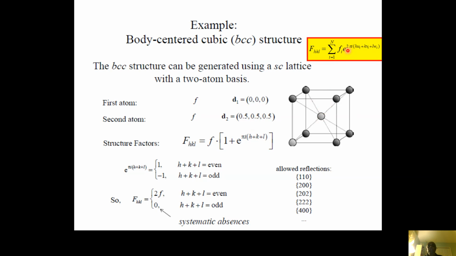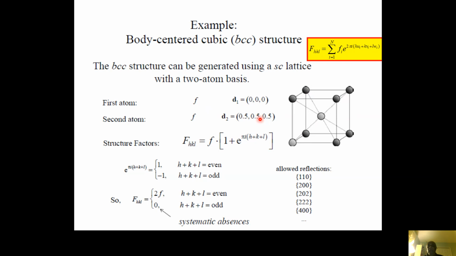Now if you use this equation, you get this f. You assume both atoms are the same kind, say potassium atoms, so they have the same f value. Then you can write the structure factor with 2 terms.